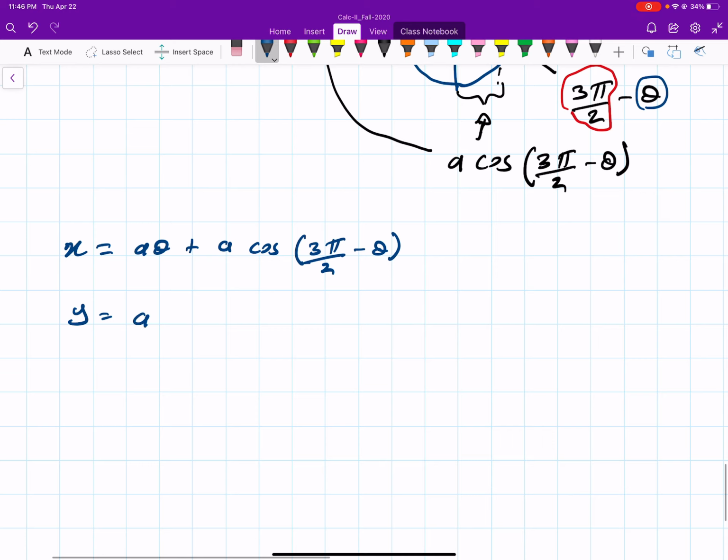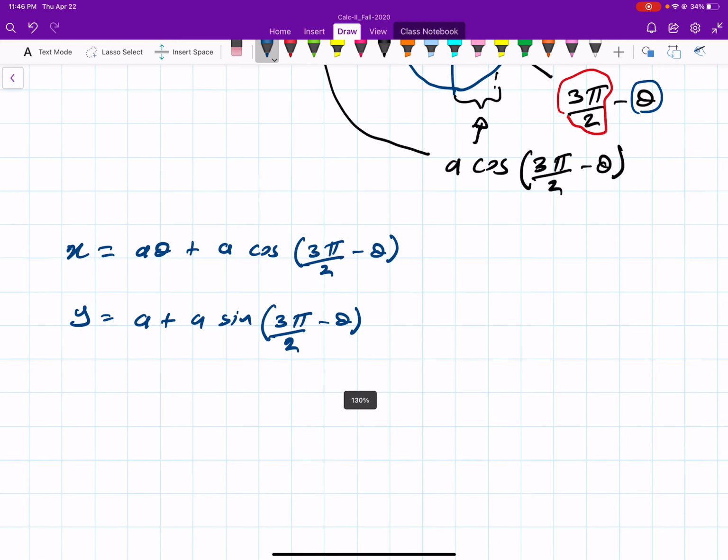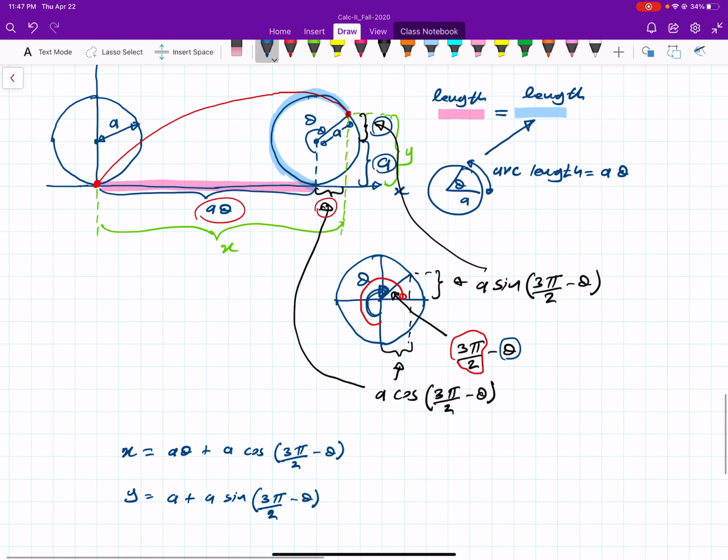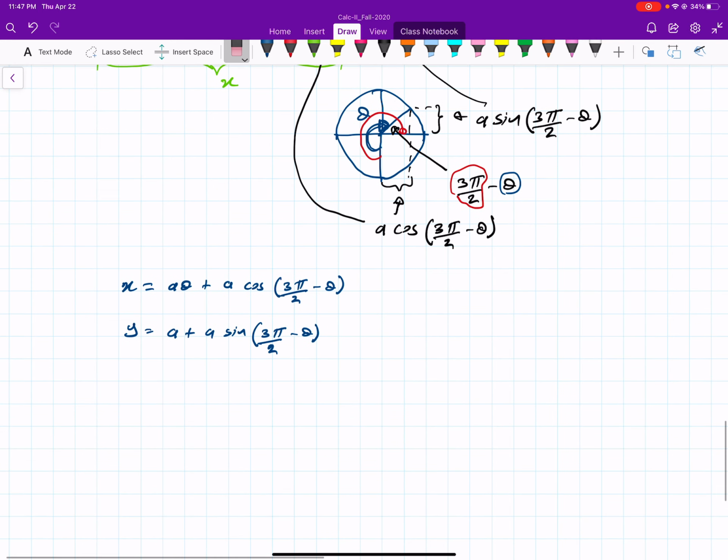That means a plus a sine 3 pi over 2 minus theta. Let me delete these unnecessary circles.